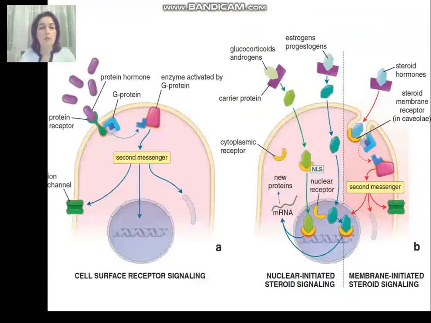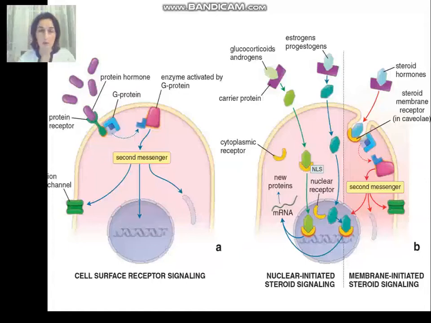Now let's talk about how the hormones influence our cells. As we know, all of the hormones we subdivide according to their chemical nature. We subdivide them into the hydrophilic hormones, which are peptides, polypeptides, amino acid derivatives, and we have steroid hormones, which are hydrophobic.